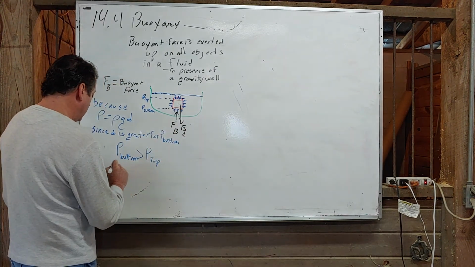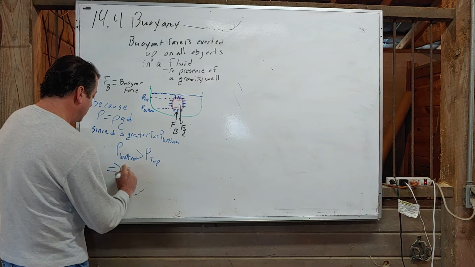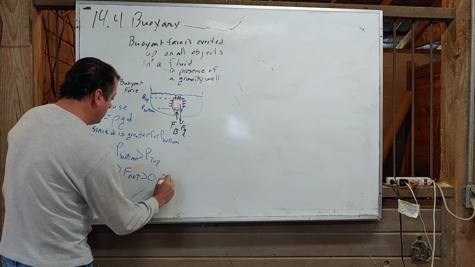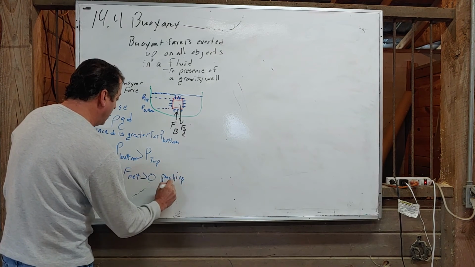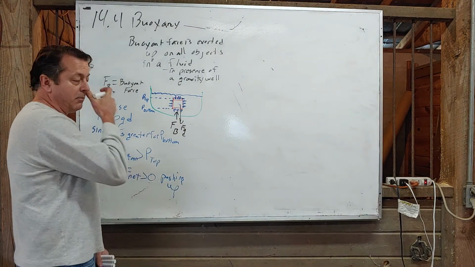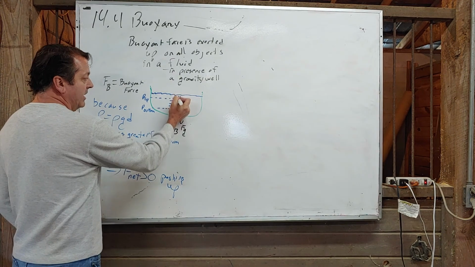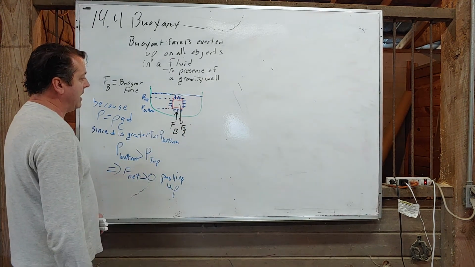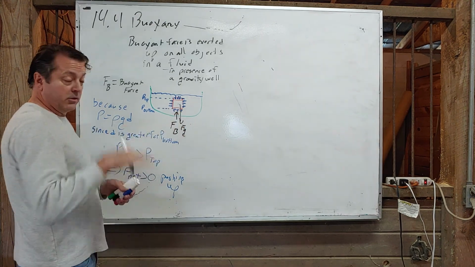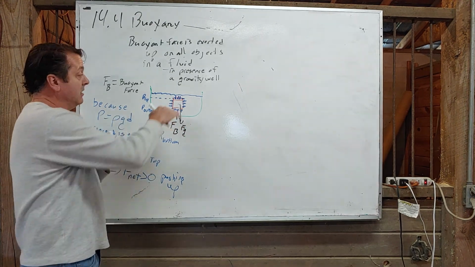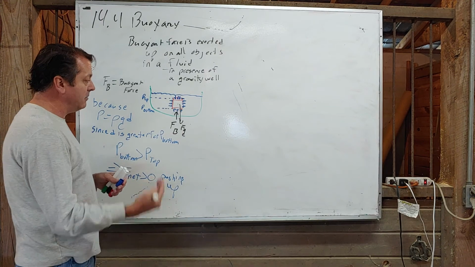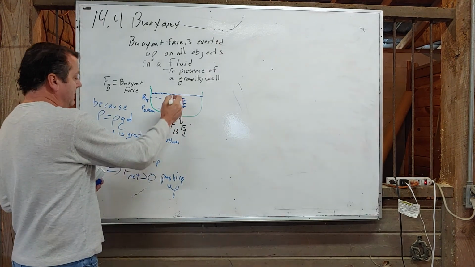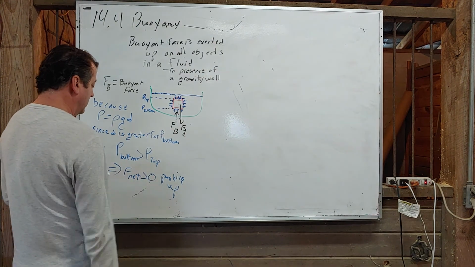So this implies a net force greater than 0 pushing up on that body, because these forces here and these forces here add up with each other. And since these are bigger, because it's less deep at the top than it is on the bottom, there's more pressure pushing up, more force pushing up on these same areas. So there's a force pushing up.